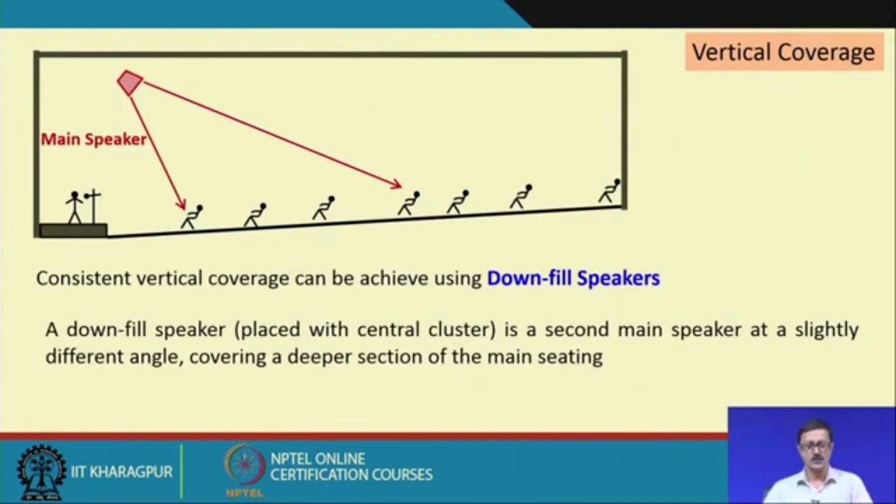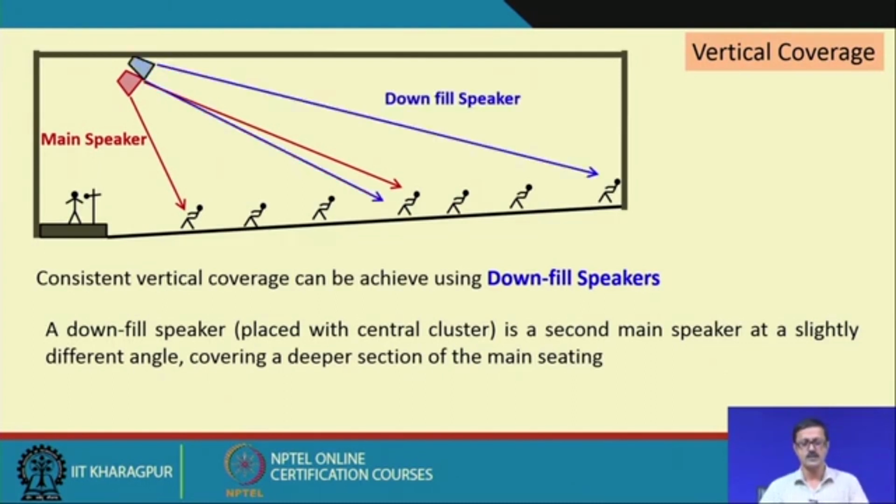As I said, a particular cluster of speakers, or a particular line of clusters, may not be sufficient to cover the entire area. So you need some kind of downfill speaker. A downfill speaker is another cluster, given a different angular orientation, that will cover some other part, maybe the front or the rear part of the auditorium seating.